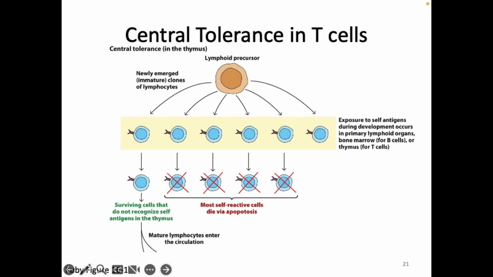So when we think about T cell central tolerance and when we think about T cell testing, we actually have to have the T cell testing for a few things when it made its T cell receptor.